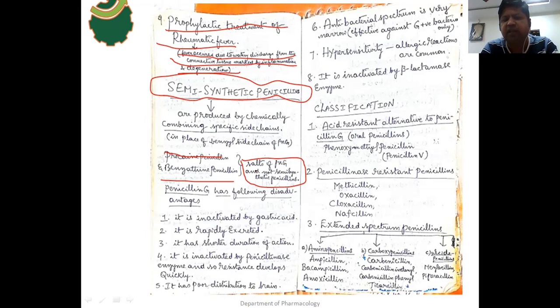You convert penicillin into a particular salt by adding a local anesthetic, and procaine or benzathine penicillin releases penicillin G very slowly, so the duration of action is enhanced and multiple injections can be avoided.